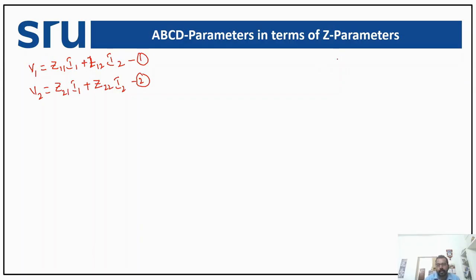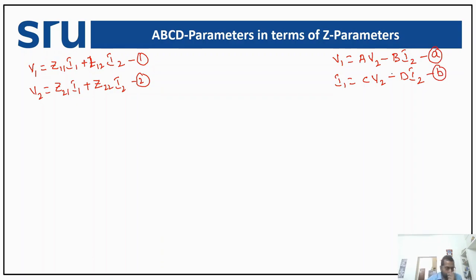My ABCD parameter equations are V1 is equal to A V2 minus B I2, I1 is equal to C V2 minus D I2. Now we need to convert these equations in terms of these equations. Let us call this equation A and this equation B.